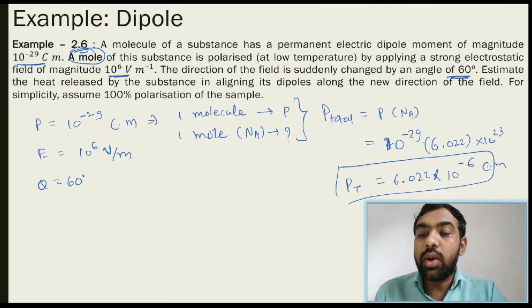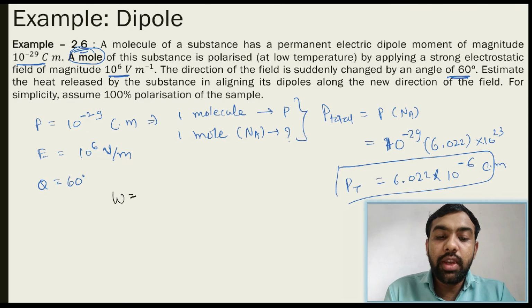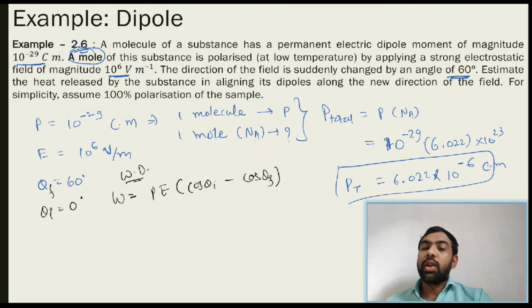So we have to find out how much heat is released. What is the work done? The initial angle was 0, and the final angle is 60 degrees. So work done W is equal to P E into cos theta initial minus cos theta final.